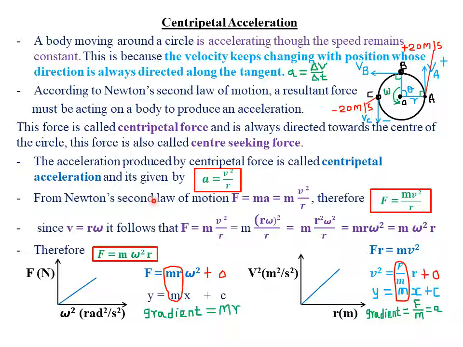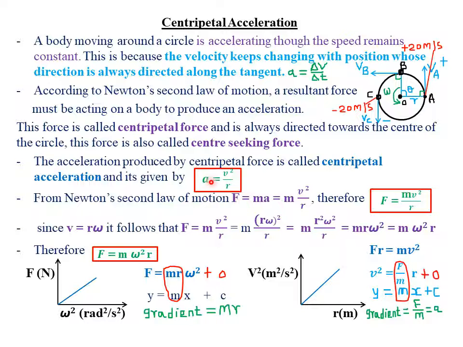Newton's second law simply states that the rate of change of momentum of a body is directly proportional to the resultant external force producing the change and takes place in the direction of that force. From this law, we showed that force is given by F equals ma, where m is the mass of the body and a is the acceleration of the body.